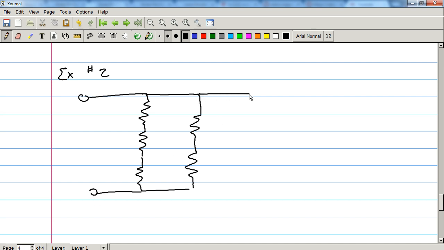And then just one more resistor here. Okay, so these 3 resistors are each going to be, not 400 ohms, 40 ohms. And these are going to be 60 ohms. And then this is going to be 120 ohms.